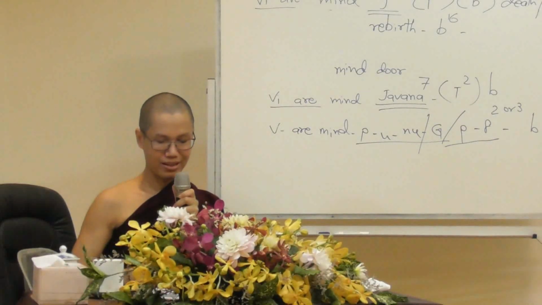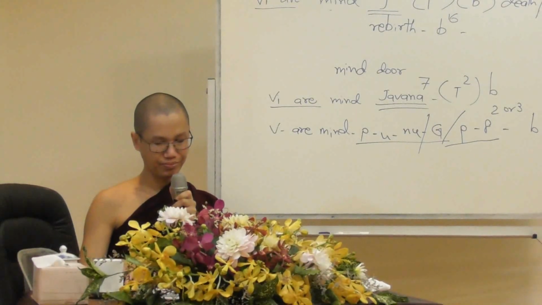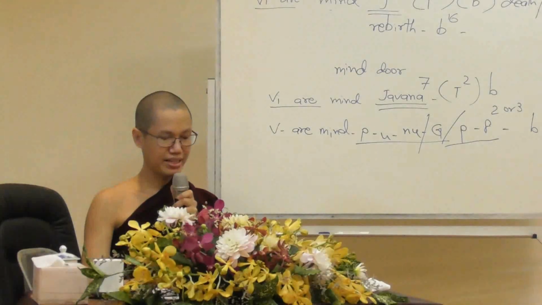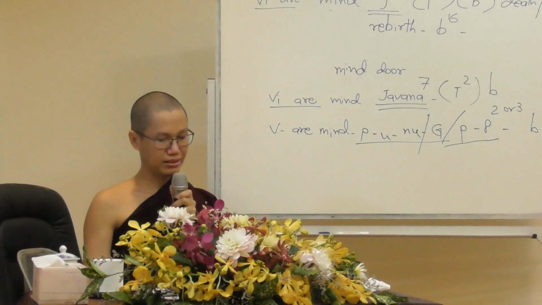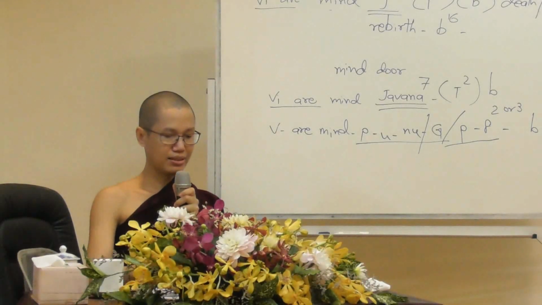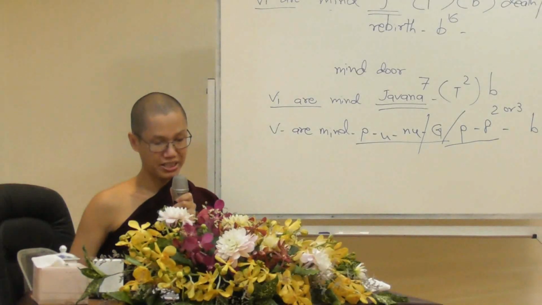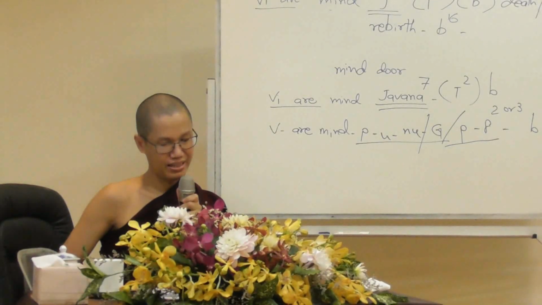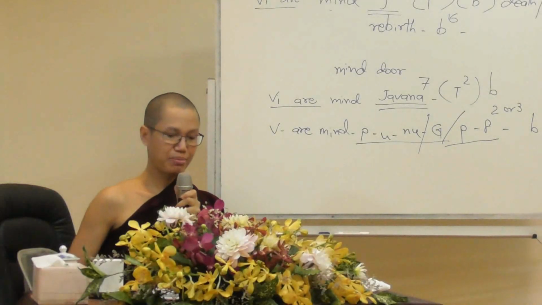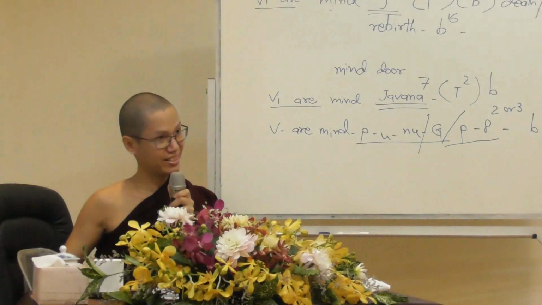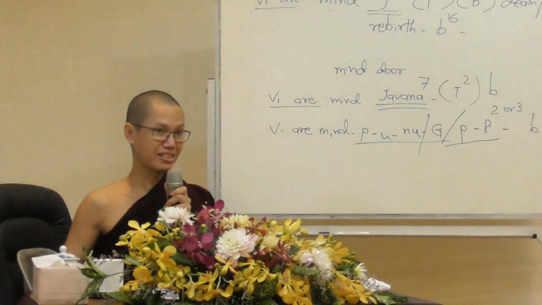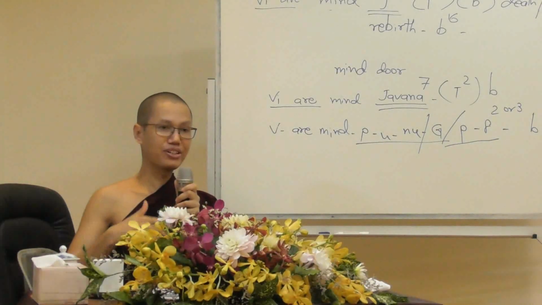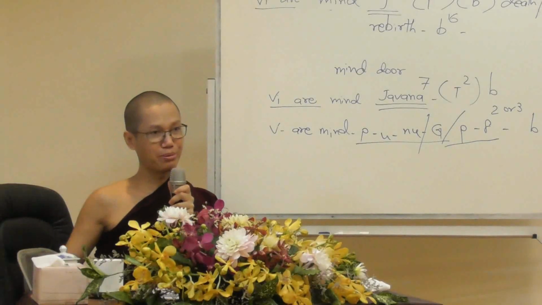So number 1 is nature. Nature is impermanence. Why do we have to say impermanence? Because nothing can go beyond impermanence. Everything has an ending point. You may try to read the stories of powerful people.